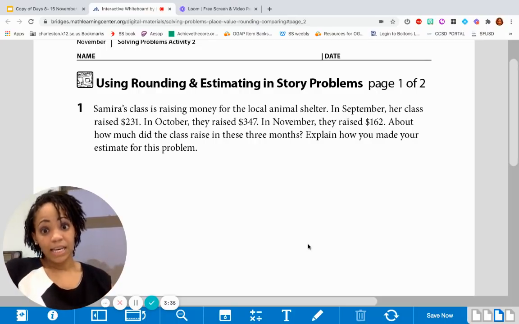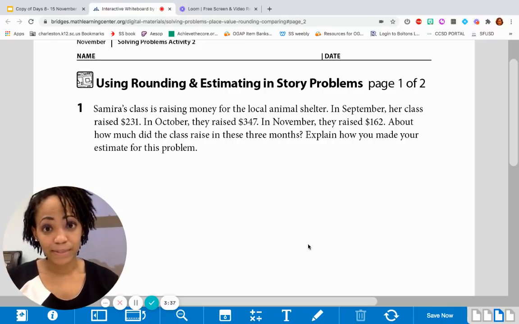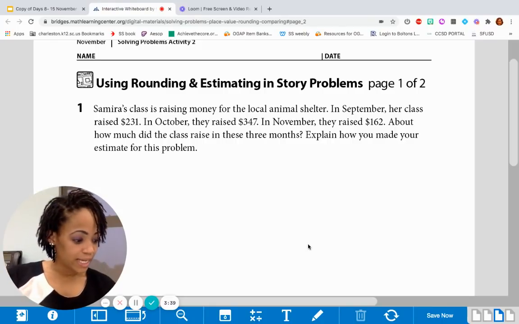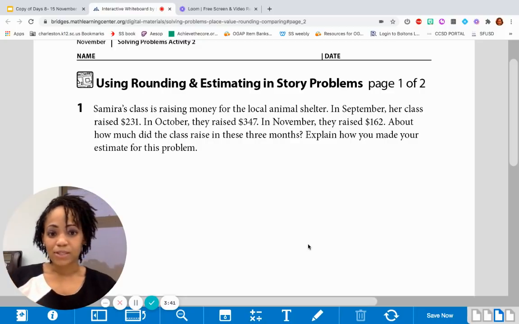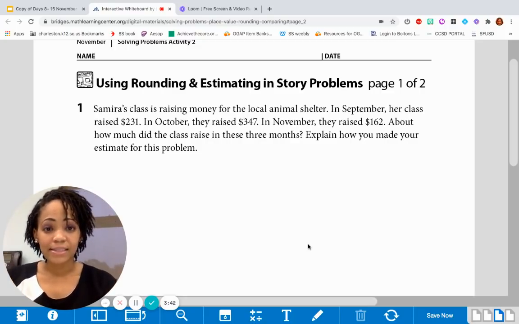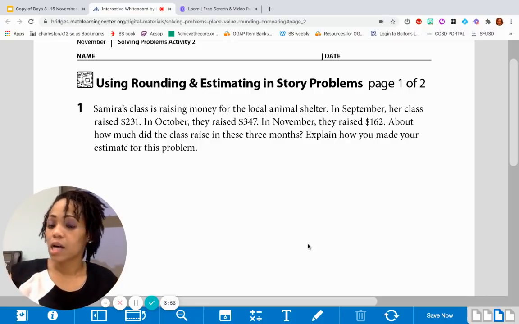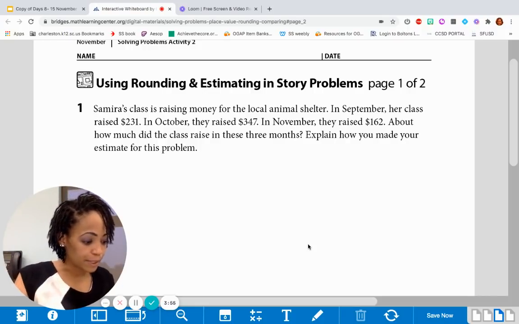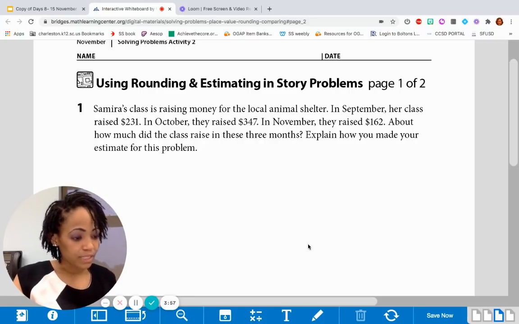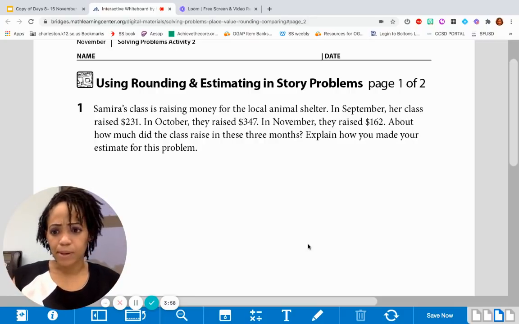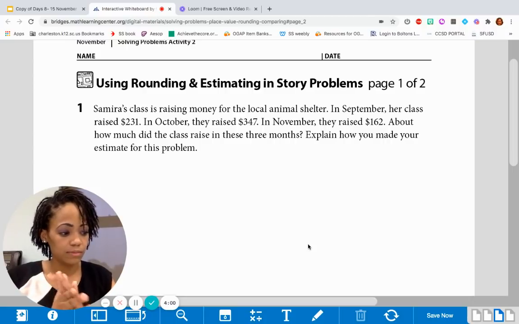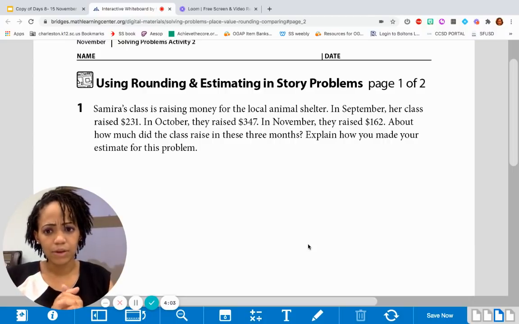So clearly, it's telling us we need to do what? Right? We need to estimate. So what is the problem asking us to estimate? Right, the total amount of money that was raised, because September was an amount, October and November. So tell me how you would go about solving this problem. How could you make an estimate?